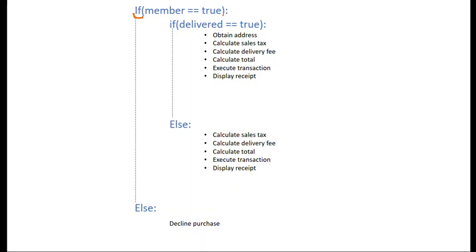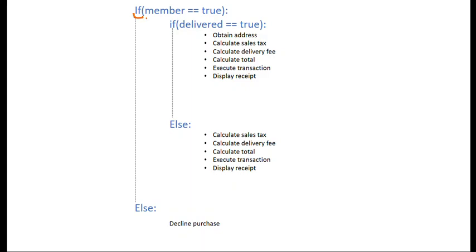Remember, expressions must be evaluated to one single value, right? And when we talk about conditions for if statements, they must be evaluated to either true or false, not any other value. It can't be an integer, it can't be a string, it can't be a float value. It must be evaluated to a Boolean value, that is either true or false.